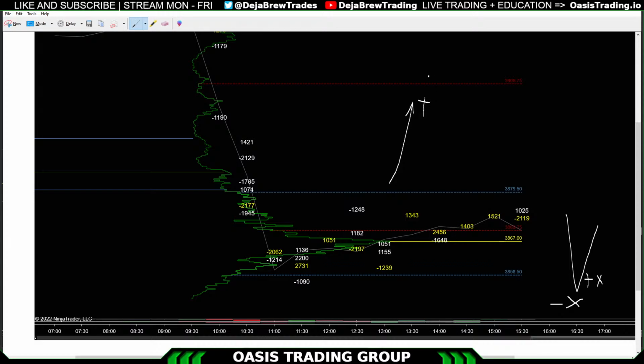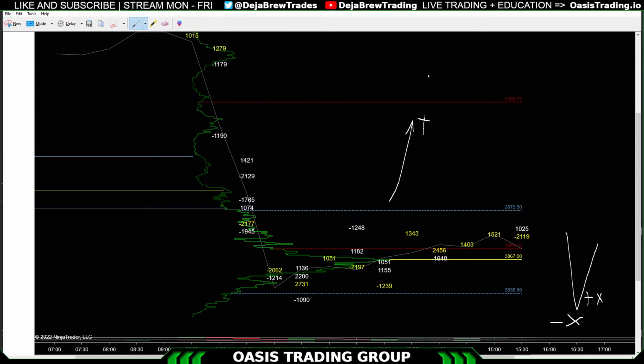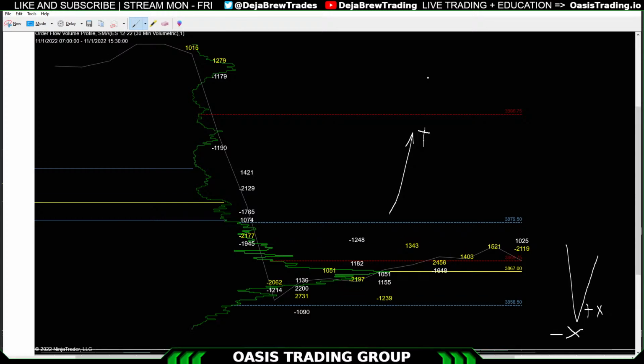Okay. This is where you would tie it in with a 5-minute footprint. So go back and think about what we talked about yesterday. We talked about how to read a 5-minute footprint and figure out where the bullish demand is, where is the bearish demand. So think about that and tie that into the 30-minute footprint here.